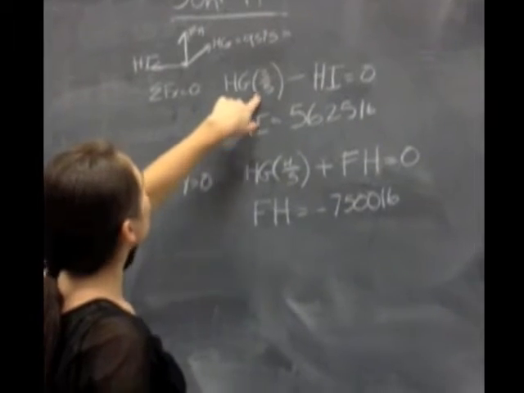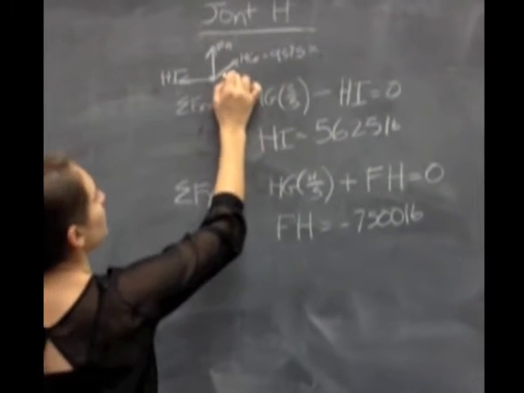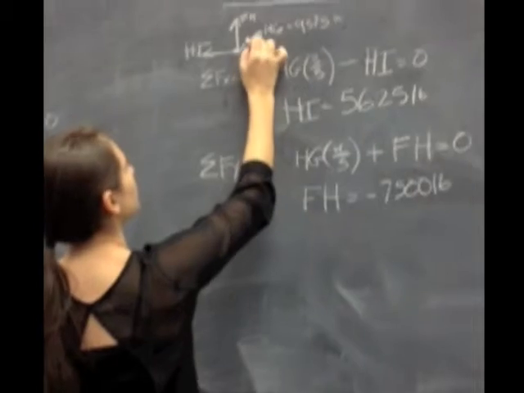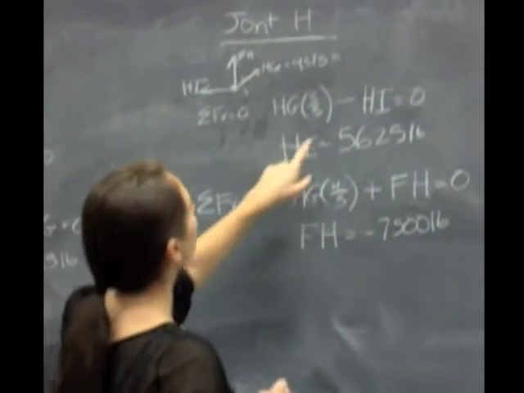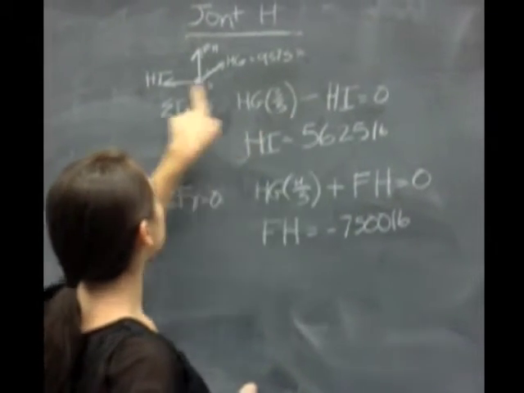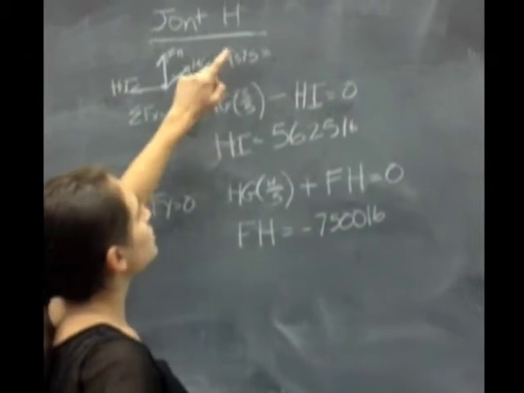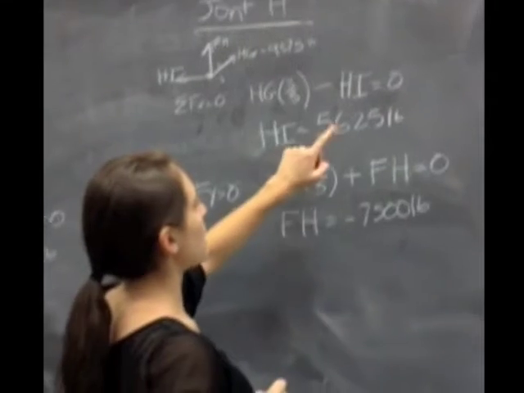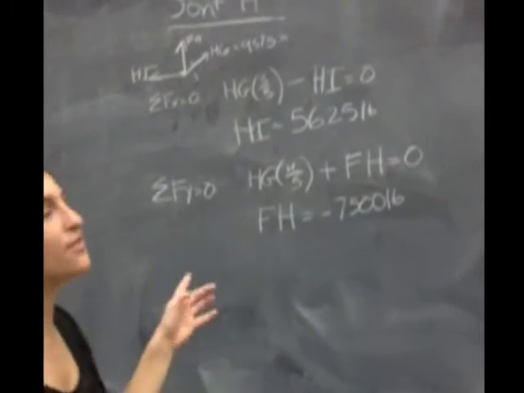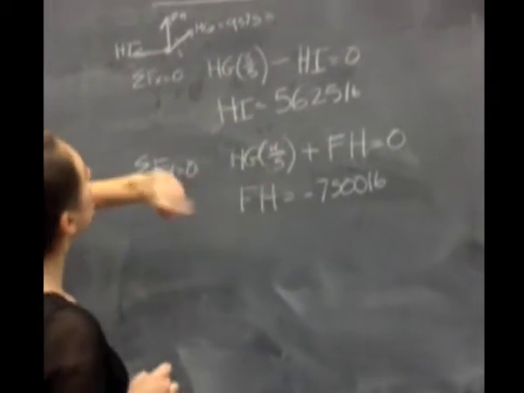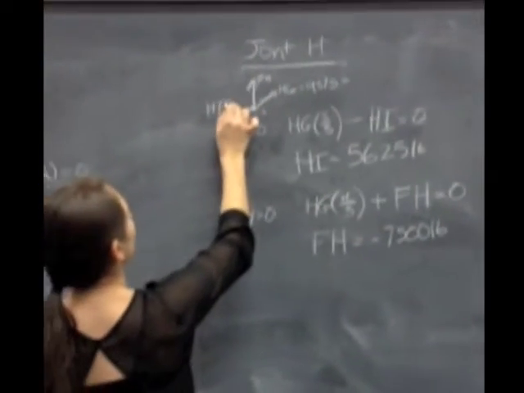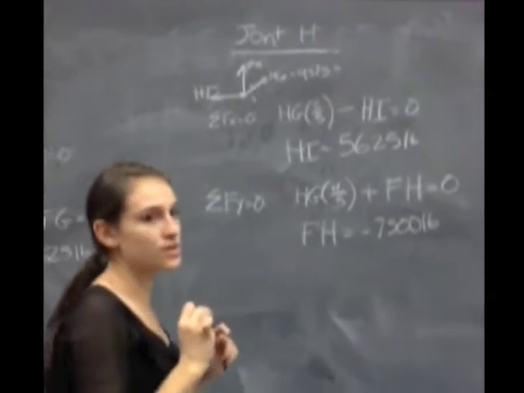You get HG times that 3 over 5, that same horizontal distance, minus, because it's in the opposite direction, HI equals 0. When you plug in the 9,375 here, you get HI equals 5,625. Again, that number is positive, which means that it is in this direction, and it's a tension force.